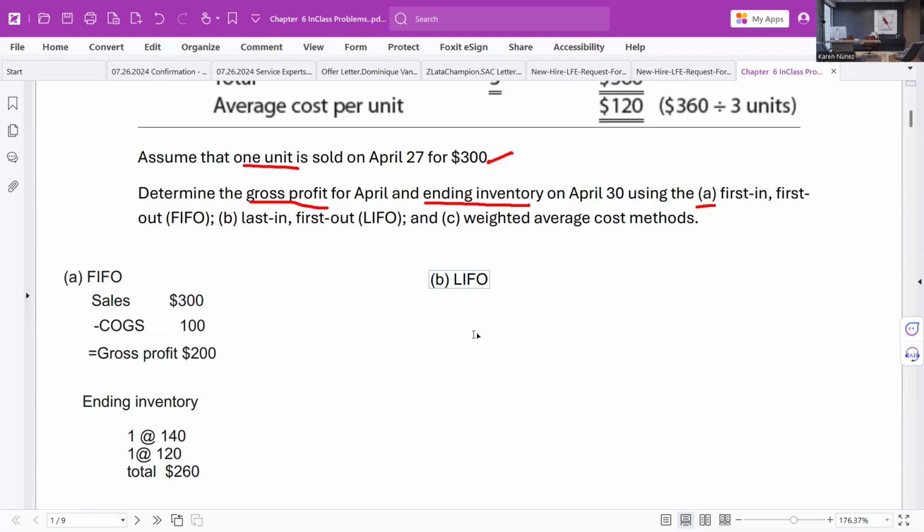LIFO, well, we need to do the same thing. So we need to determine the gross profit. So sales, well, we only sold one unit, and that sale was for $300. And then we have a gross profit when we subtract the cost of goods sold. LIFO, last in is the first out.